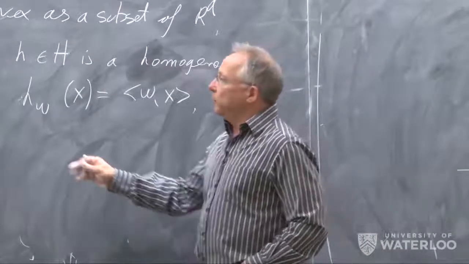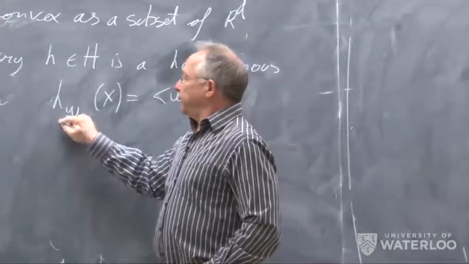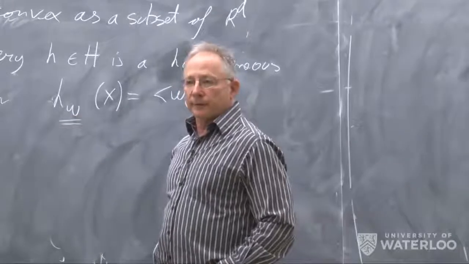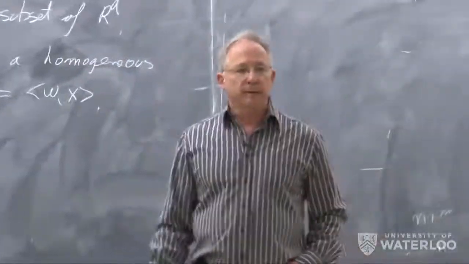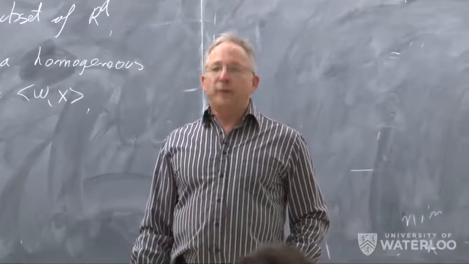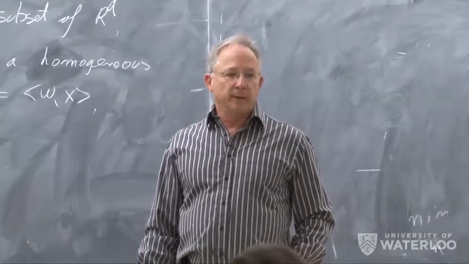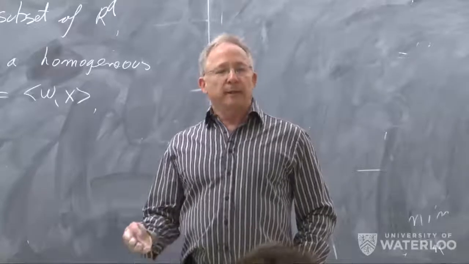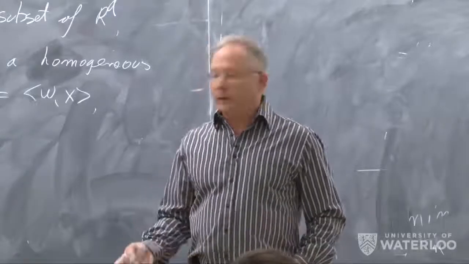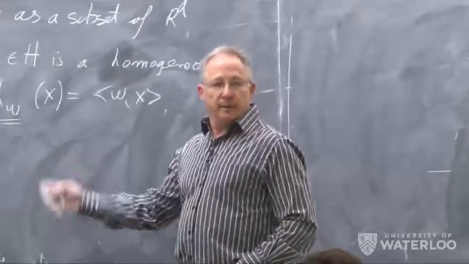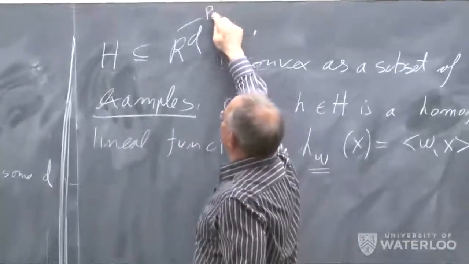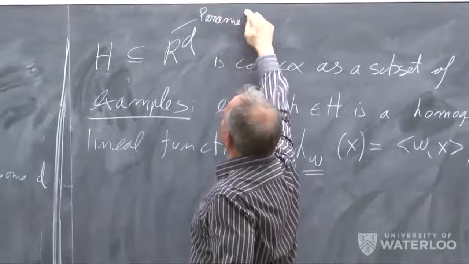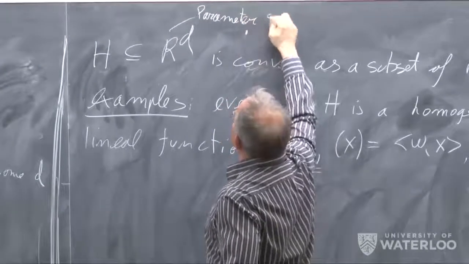So I can view H as the set of all w's, which is a convex subset of R^d. So H is kind of the parameter space? Right. H is our parameter space. It's a space of parameters. Very good, a very good notation. So H is a parameter space. So these are the parameters. This is the parameter space.